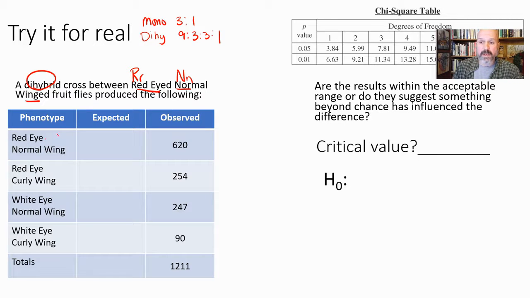Red eye normal should be in a 9 proportion, 9/16. Red eye curly should be 3. White eye normal wing should be 3. And then white eye curly wing should be 1. Another way to say this is dominant-dominant, dominant-recessive, recessive-dominant, or recessive-recessive.